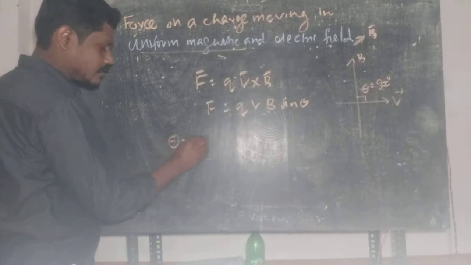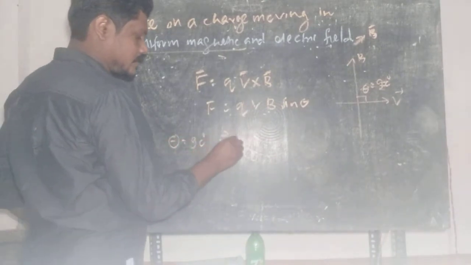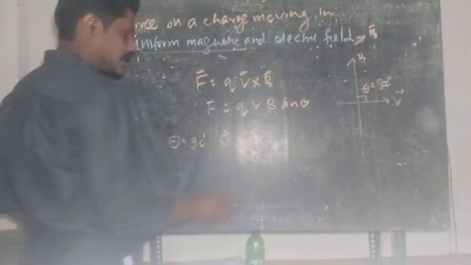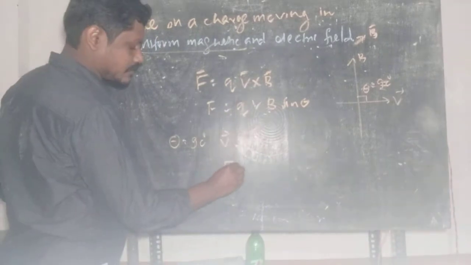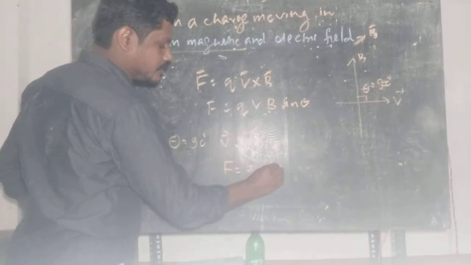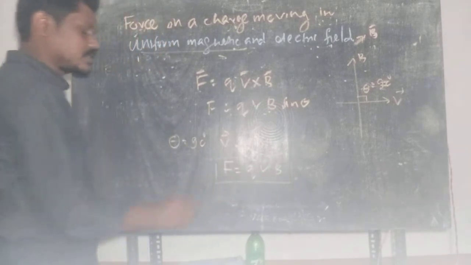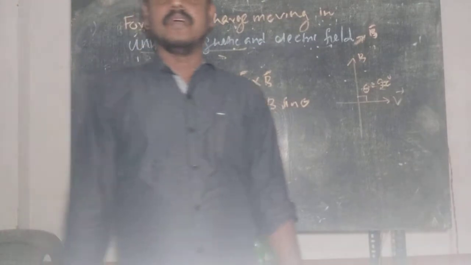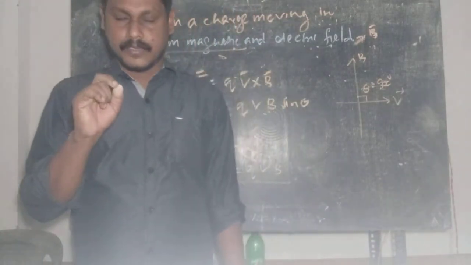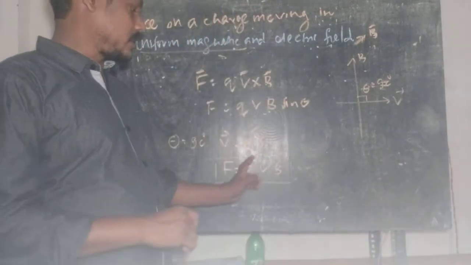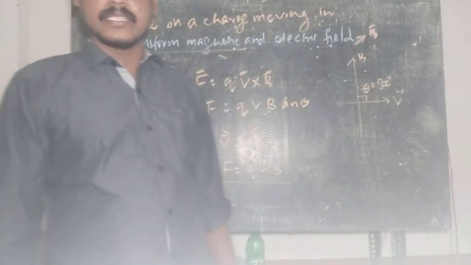When theta equal to 90 degrees, that is velocity vector perpendicular to the direction of magnetic field, the force is maximum, which is QVB only. So the maximum magnetic force is experienced by the charge when its direction of velocity is perpendicular to the magnetic field direction in the space.